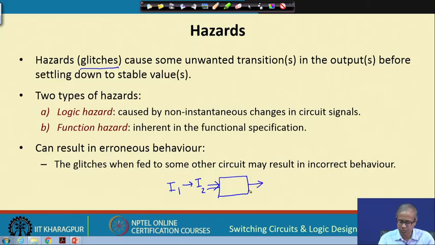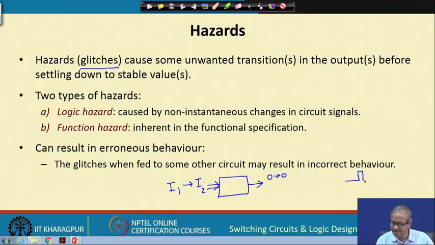Suppose there is an output. For I 1, the output is supposed to be 0, for I 2 also the output is supposed to be 0. So, it is supposed to be a 0 to 0 transition, means no change. But actually, because of the delays of the gates, what you may see is that the output is temporarily going to 1.